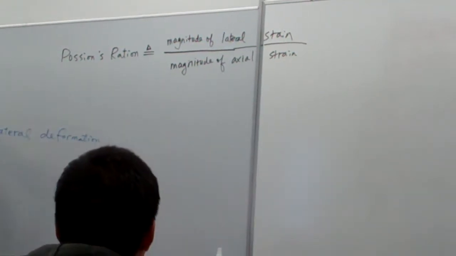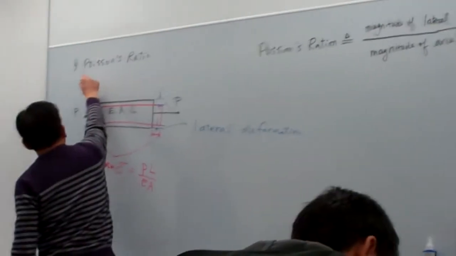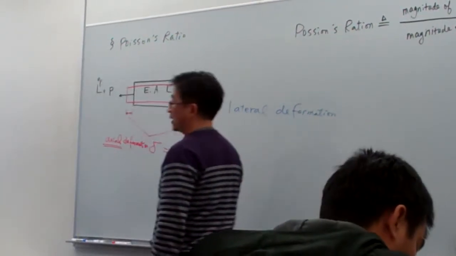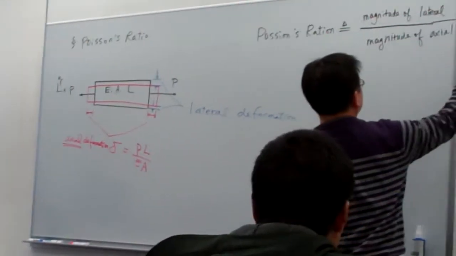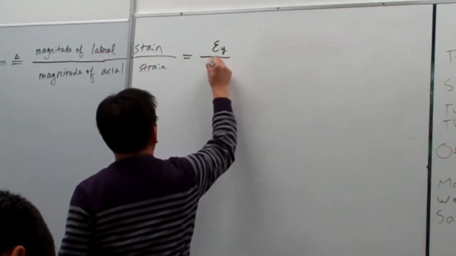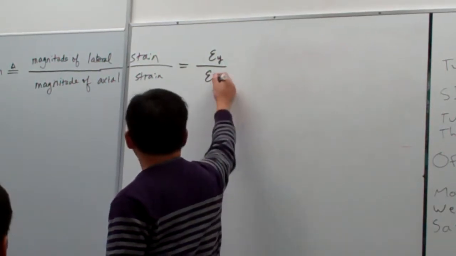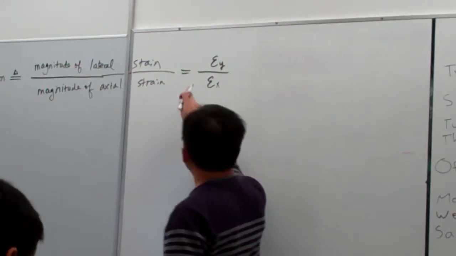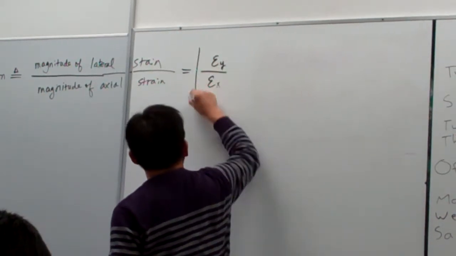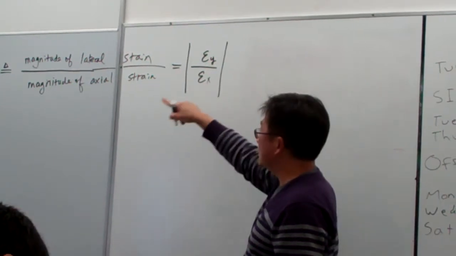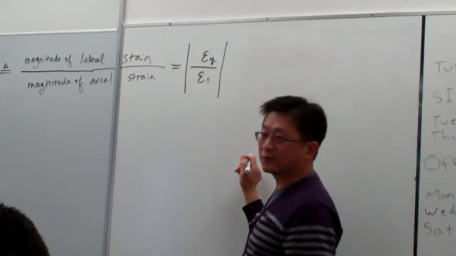If I take the coordinate system like this, where x is the horizontal direction and y is the vertical direction, then this can be written as the magnitude of the strain in the y direction divided by the magnitude of the strain in the x direction. In our textbook, we simply use the absolute value to indicate that the ratio is a magnitude ratio.